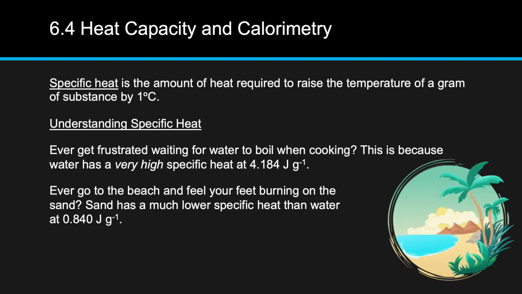This explains everyday experiences like why it takes long for water to boil, because water has a very high specific heat at 4.184, meaning it absorbs large amounts of heat before its temperature rises. In contrast to that, materials like sand have a much lower specific heat, so they gain temperature rapidly in the sun, which is why beach sand can burn your feet even when the ocean water feels kind of cool.